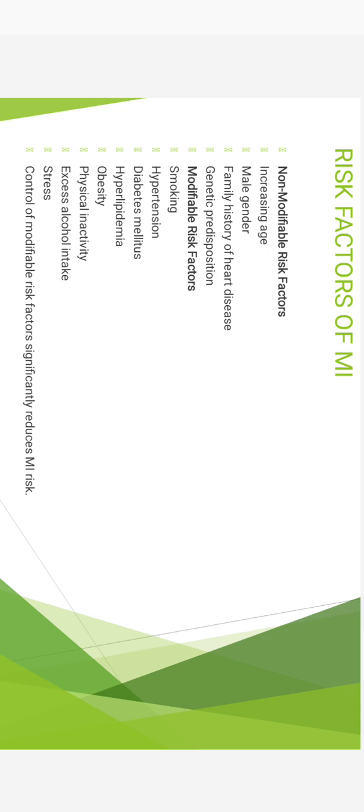Hyperlipidemia, especially elevated LDL, contributes to plaque formation. Obesity and lack of physical activity also increase cardiac risk. Stress and excess alcohol consumption may further worsen cardiovascular outcomes. Among all these factors, controlling modifiable risk through lifestyle changes and proper medications greatly reduces the chances of myocardial infarction.